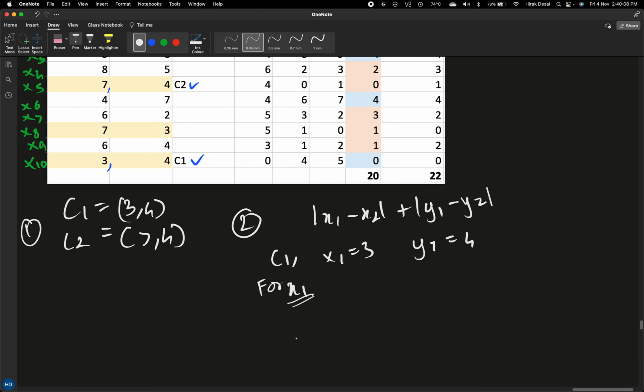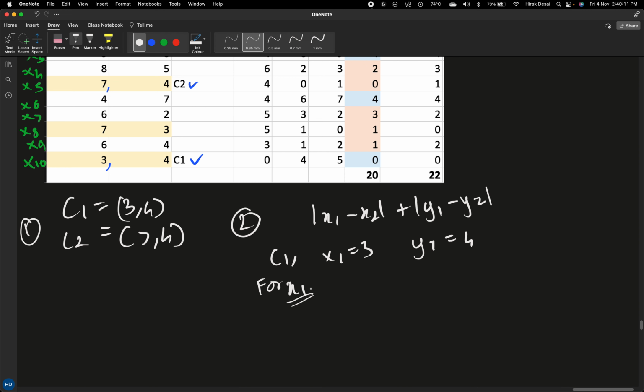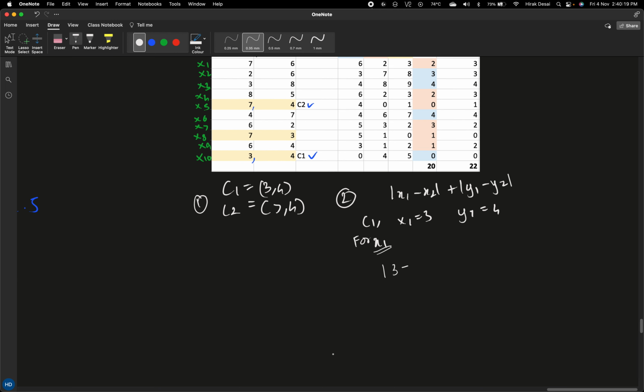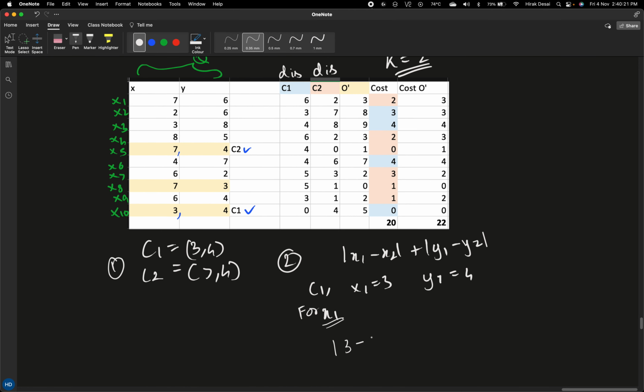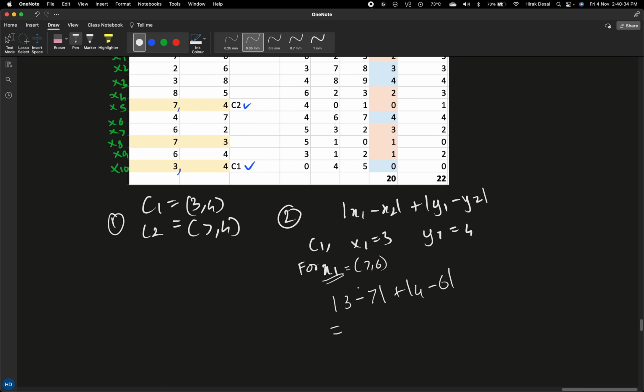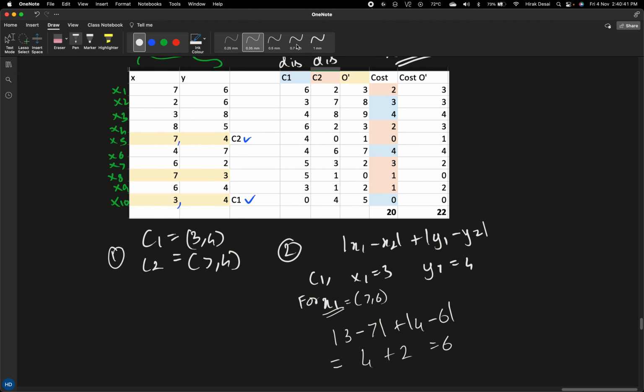How do you do that? 3 minus 7 as it's given here, plus y1 which is 4 minus 6, since x1 is 7 comma 6. What do you get? 7 minus 3 is 4, plus 6 minus 4 is 2, so 6. That is how we got this.